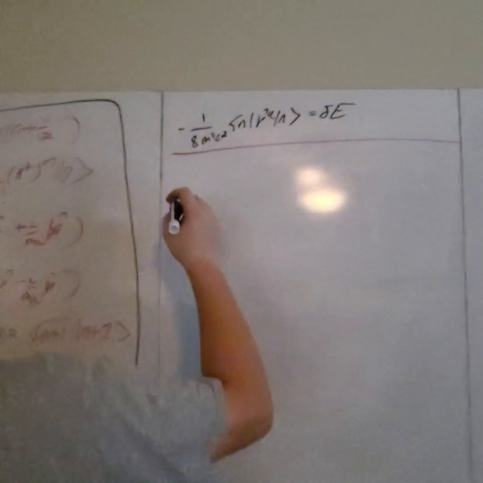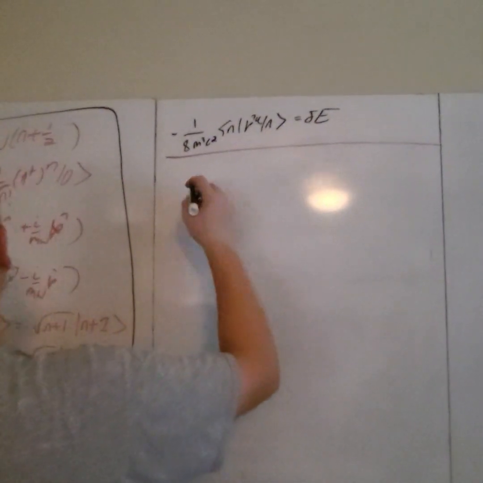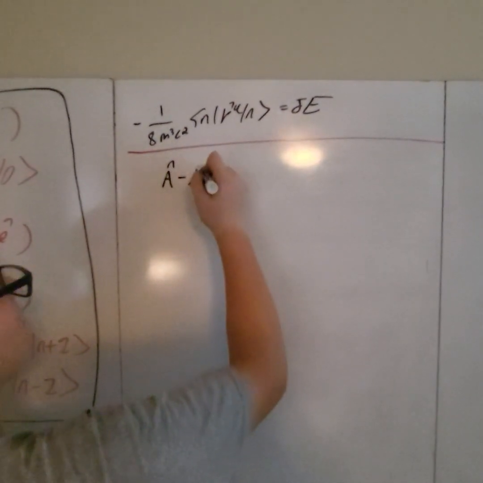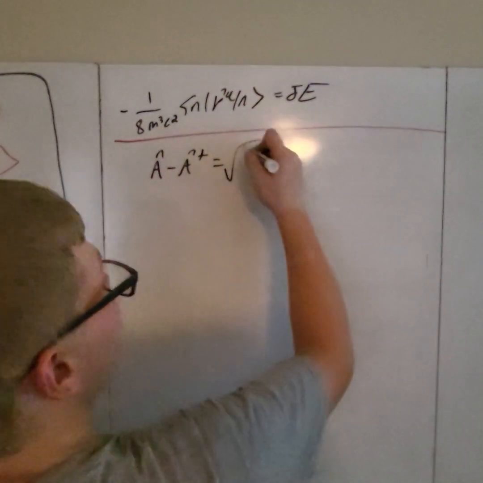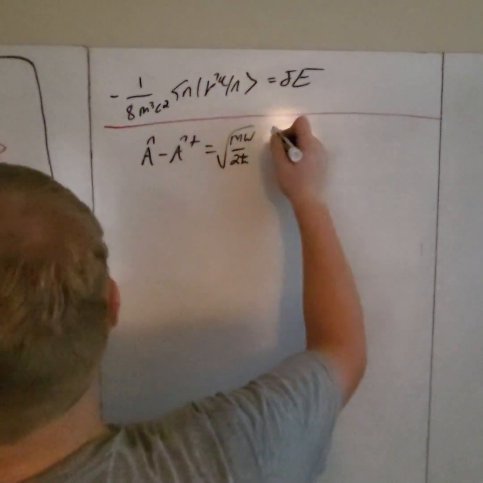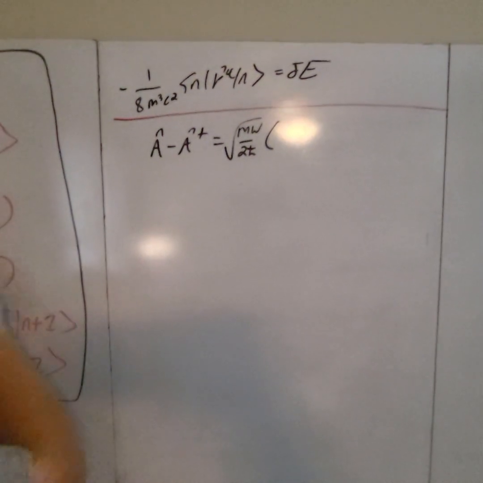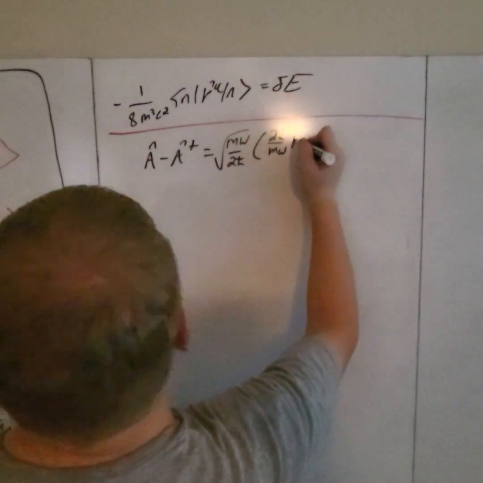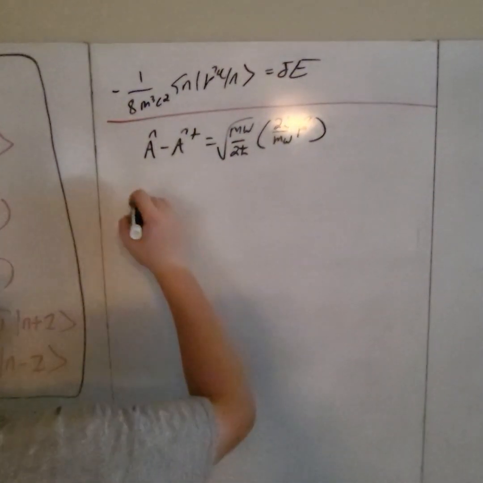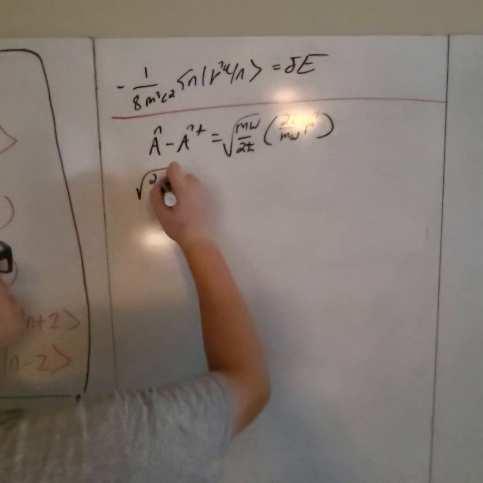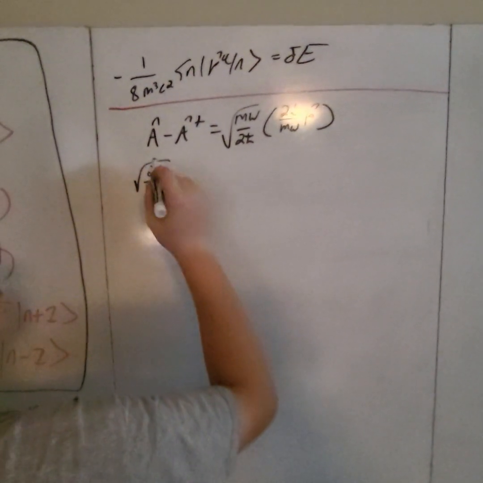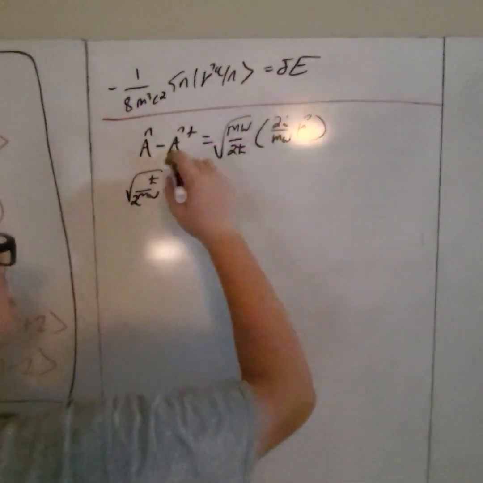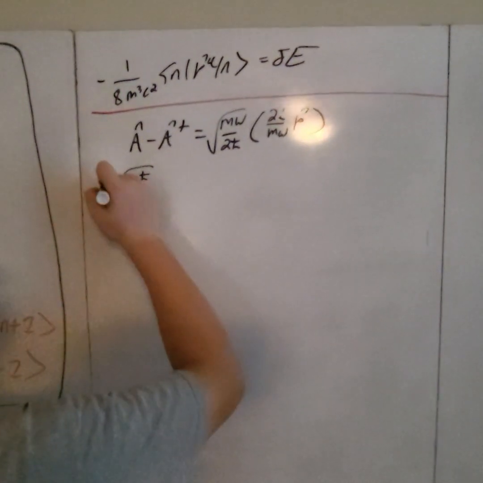If you subtract a star from a, the x's will cancel out, and you'll be left with 2i over mw times p. So we can write that as 2ħ over mw. Okay, that'll cancel out. Negative i.